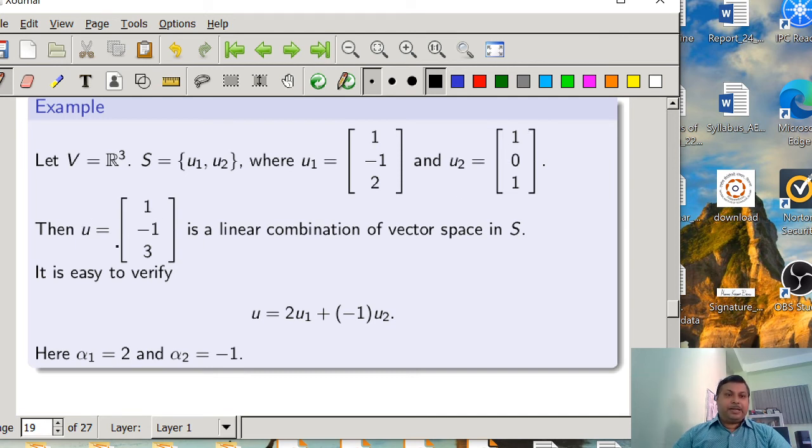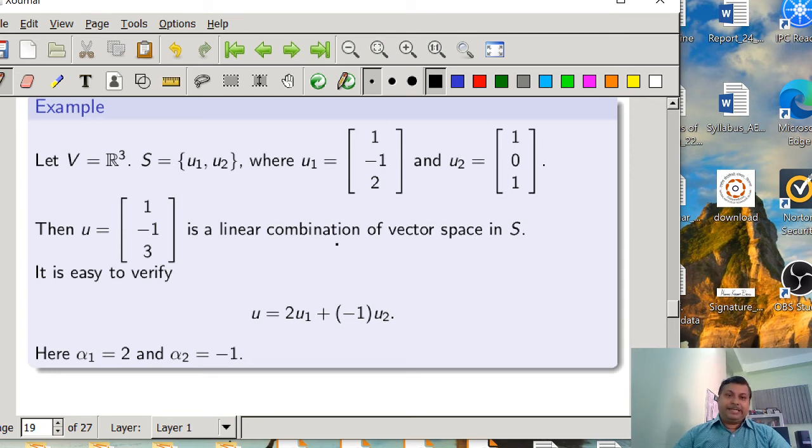Now the vector u = (1, -1, 3) from the vector space we have chosen is a linear combination of the vectors in S. How? u can be expressed as 2 into u1 plus minus 1 into u2, where alpha 1 is 2 and alpha 2 is minus 1. So we can say that the vector u is a linear combination of the vectors u1 and u2 from the set S.